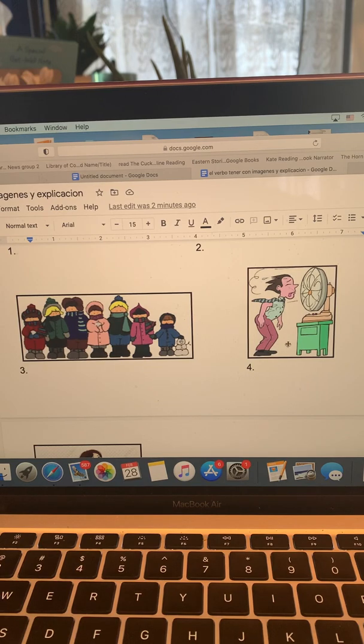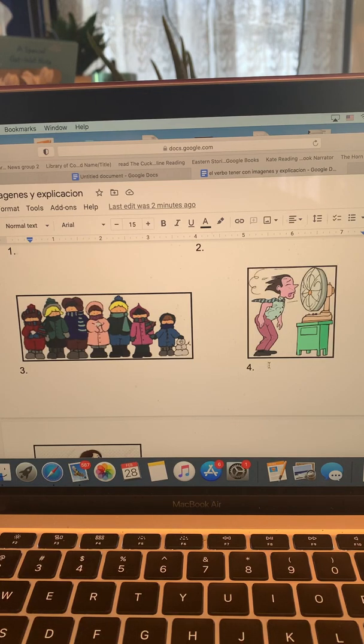Now, image number 4. This indicates to me, because our eyes in an image will give us a lot of hints of what's happening. But why do you think he's in front of a fan? If you said because he's hot, you are right.